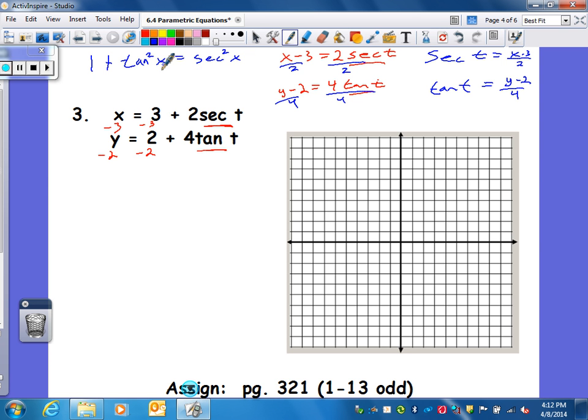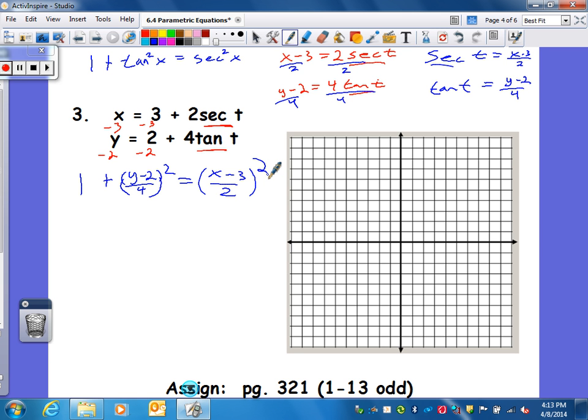So we just plug what we found into those spots. We have 1 plus ((y minus 2) over 4) squared, which is equal to secant squared, which is ((x minus 3) over 2) squared.